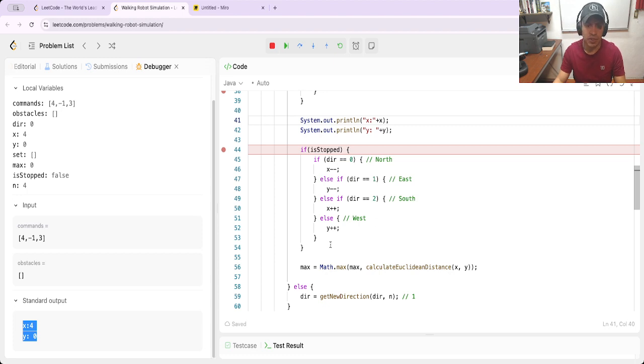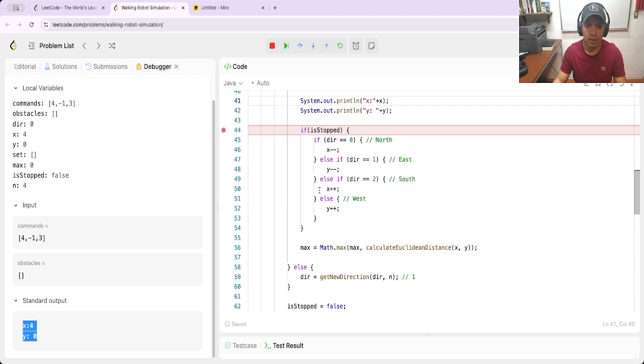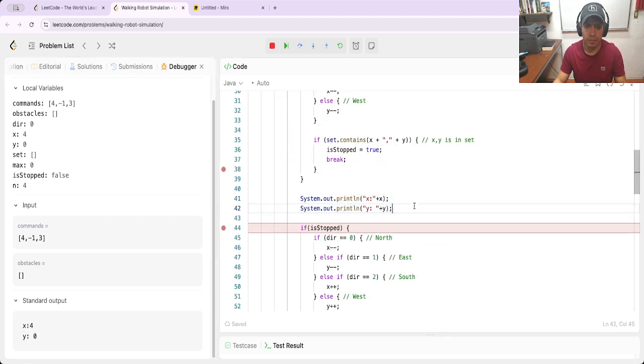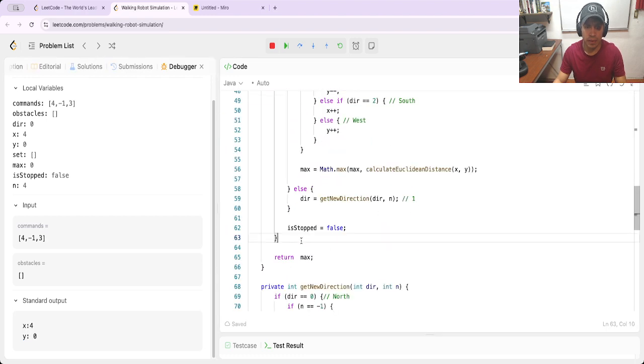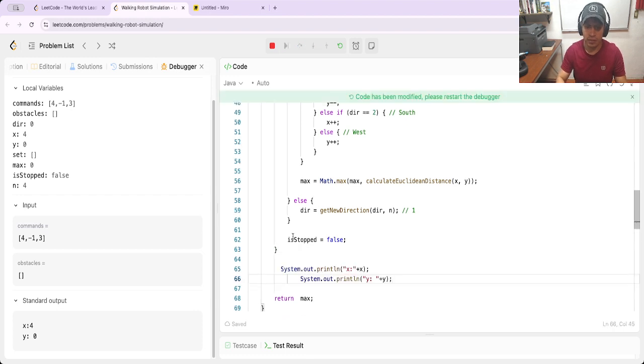What is the last position? Okay. Here. Do you want to see what is the last position here?